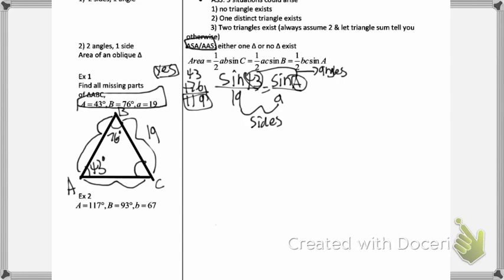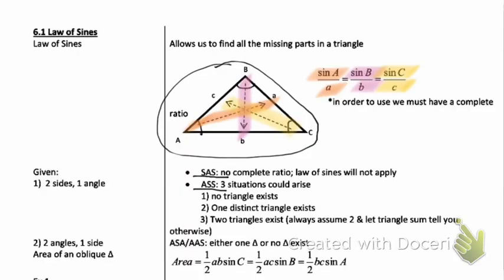Going back to the previous information, these formulas, we see sine A over A, so the ones that are circled are angles, and the lowercase letters are the sides.